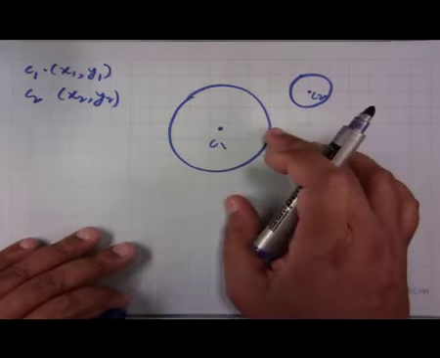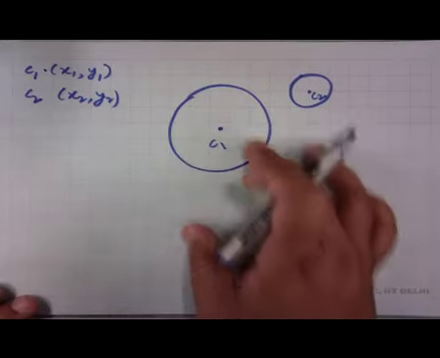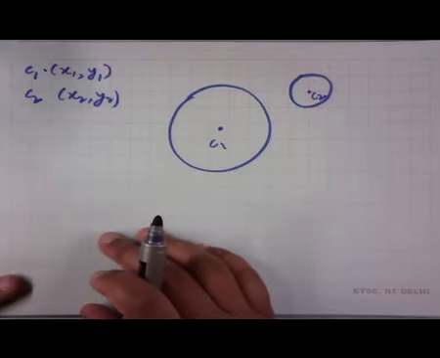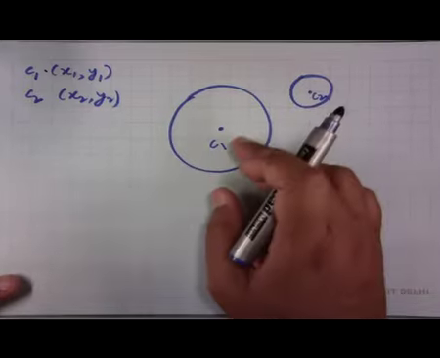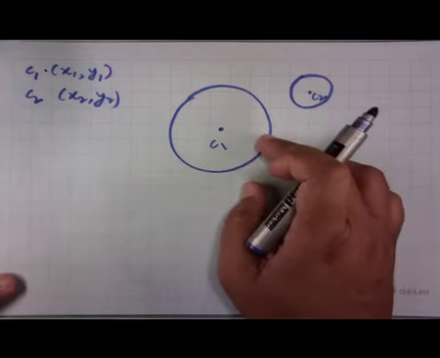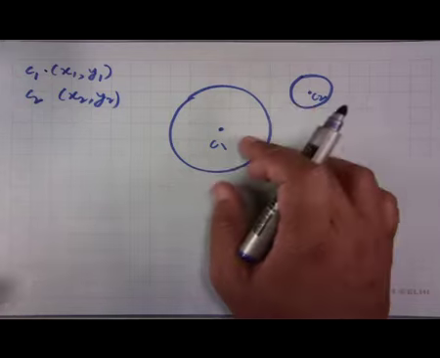Suppose the circles are not geometrically drawn and what we are given is only the radius of these two circles and the coordinates of the centers of the circles.